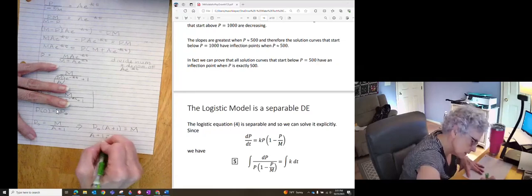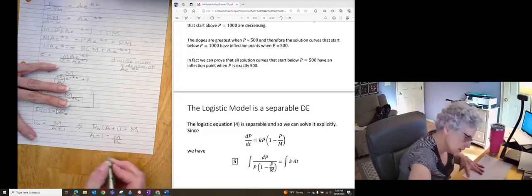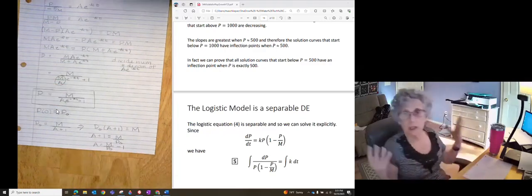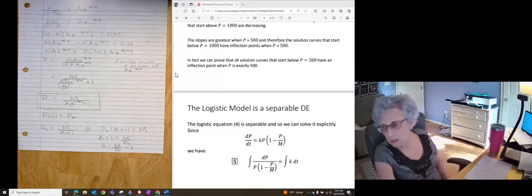So a plus 1 is equal to m over p sub 0. So a is equal to m over your initial population minus 1. I don't memorize that. I usually just plug it in and figure it out.